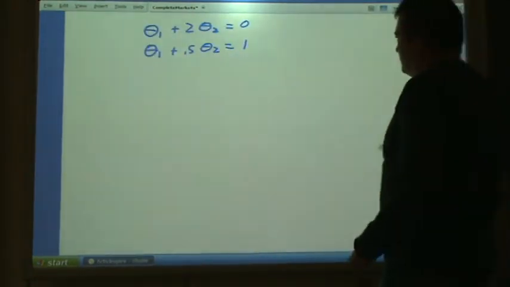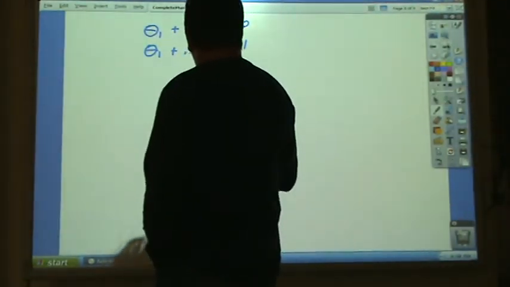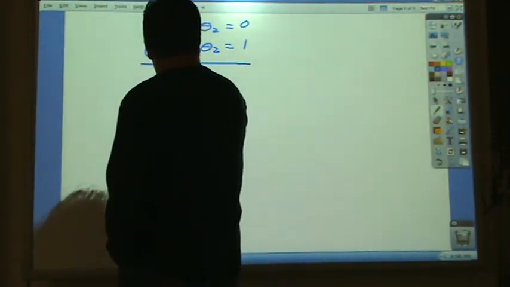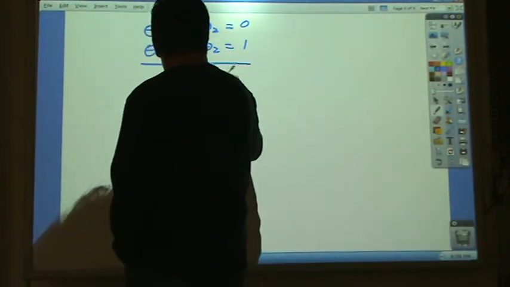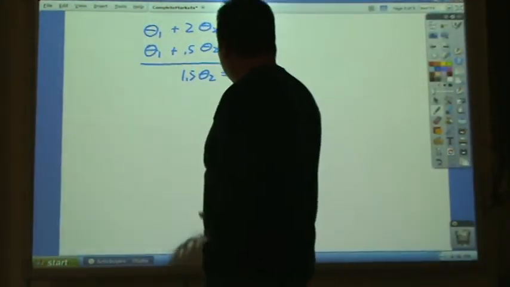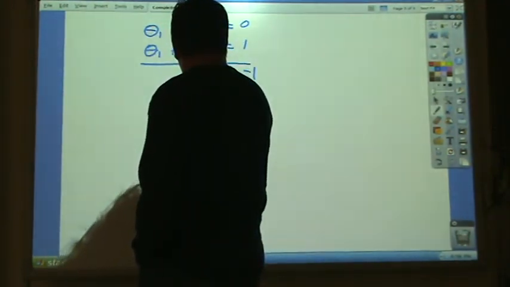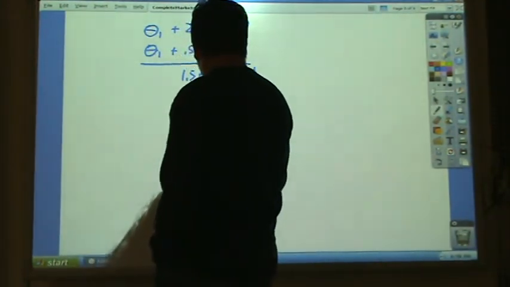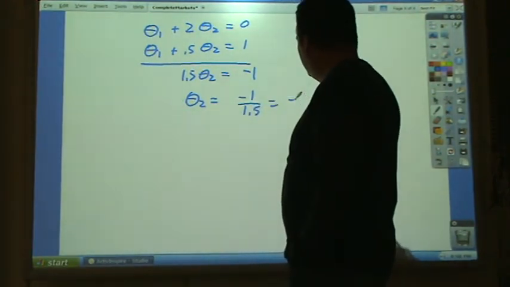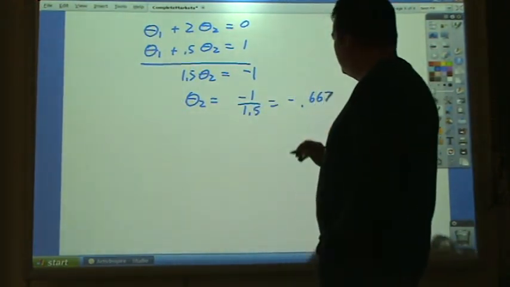So how would we get this one? Again, what would we do here? 1.5 theta 2, I'm subtracting, equals -1. So theta 2 equals -1 over 1.5, which is -0.667.